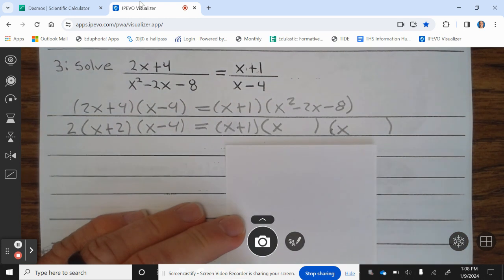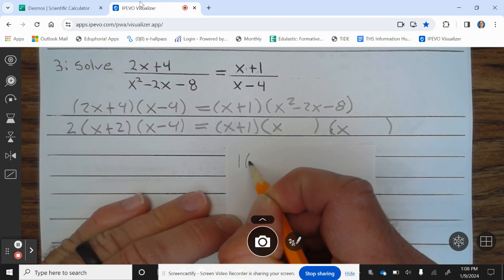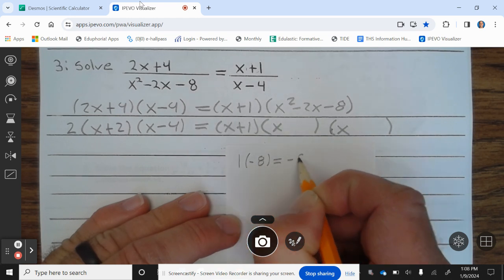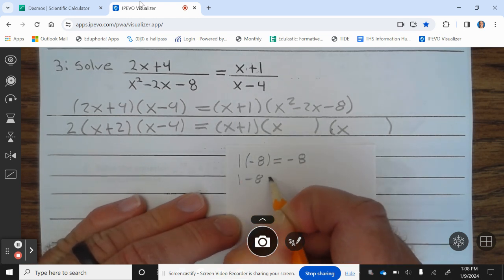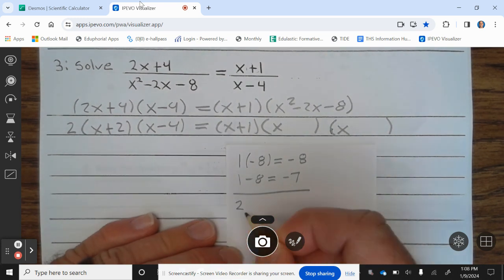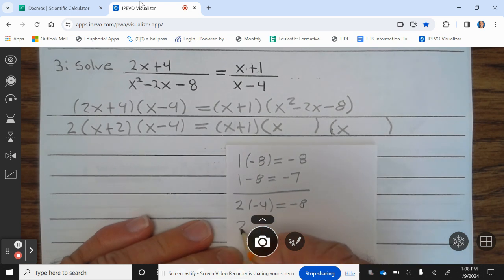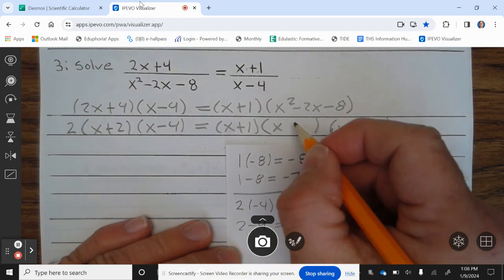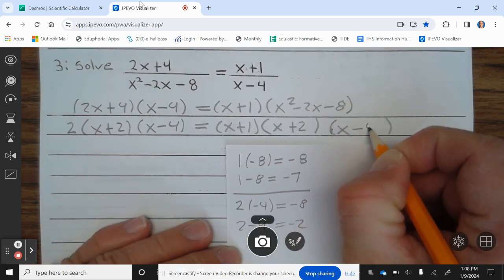Since the middle number is negative, the bigger number is negative. So 1 times negative 8 is negative 8. 1 minus 8 is negative 7. Doesn't work. Okay. 2 times negative 4 is negative 8. 2 minus 4 is negative 2. We have negative 8, negative 2, so our factors are x plus 2, x minus 4.